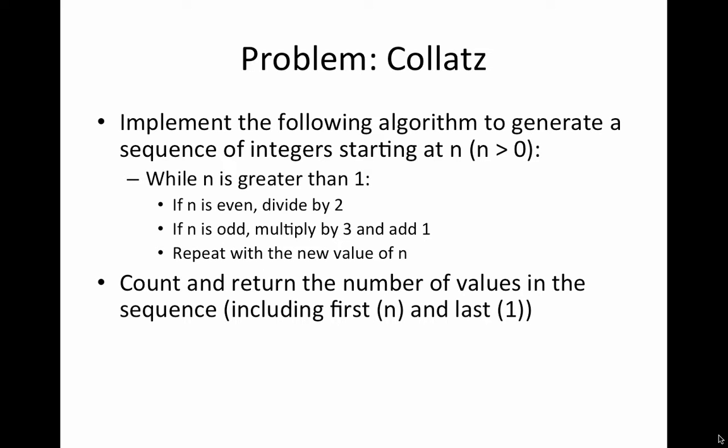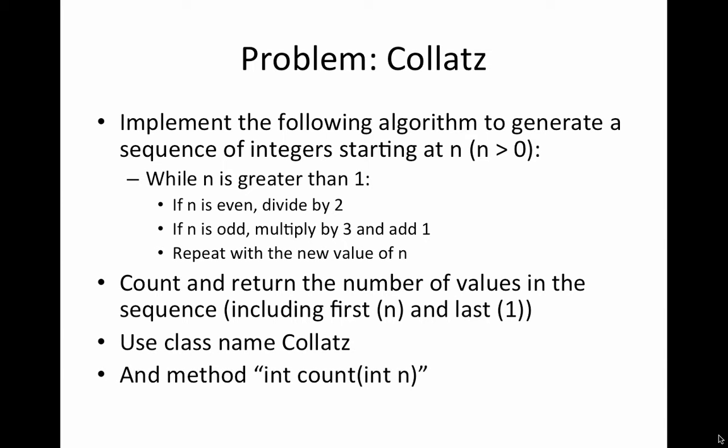What we want to do is to count the number of values in the sequence and return this number. In the implementation that we will see, we have also printed the numbers in the sequence, but you don't really need to do that for this particular problem. We will use a class named Collatz, after the mathematician that proposed this conjecture in the 30s.